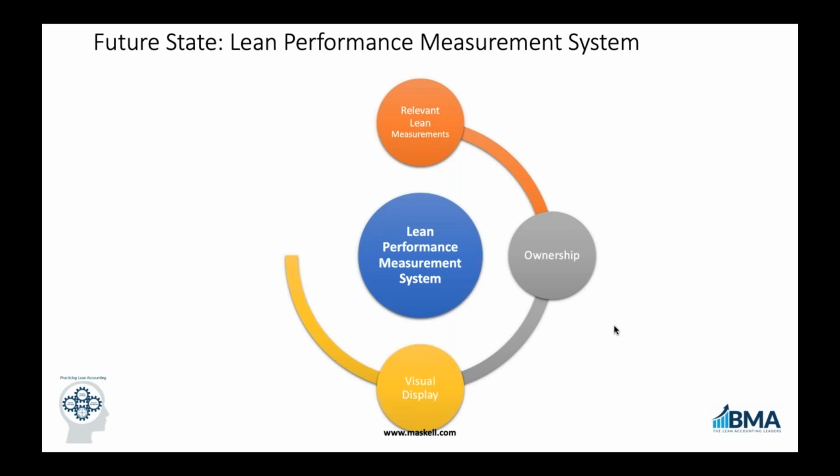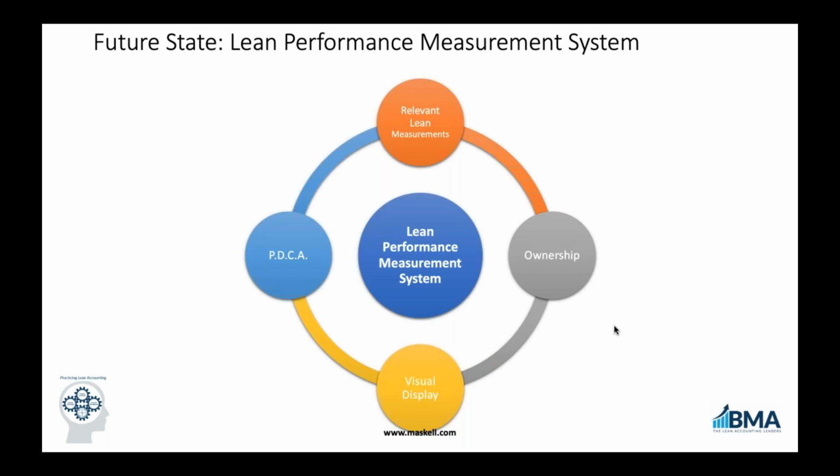ideally on performance boards. When we say visual, we don't necessarily mean electronic, but that's sometimes unavoidable. But we want these measures to be on a board, tangible, and it's been proven that when people have to maintain a board and write the numbers down every day or graph the numbers every day, that helps create ownership, and it creates visibility of overall performance.